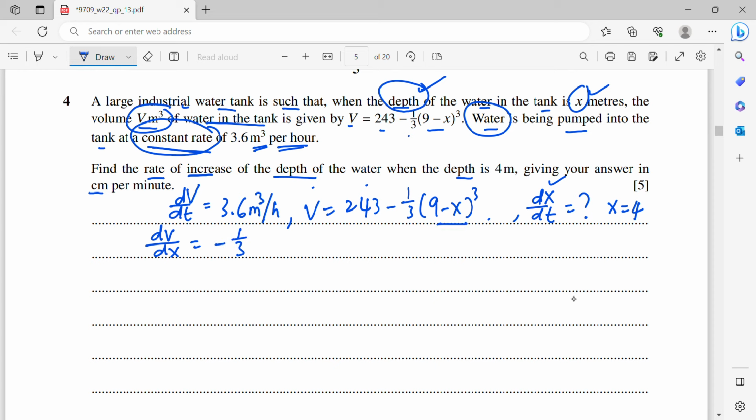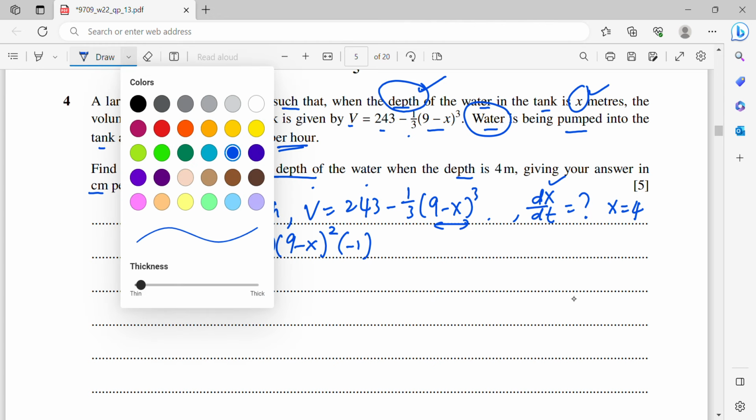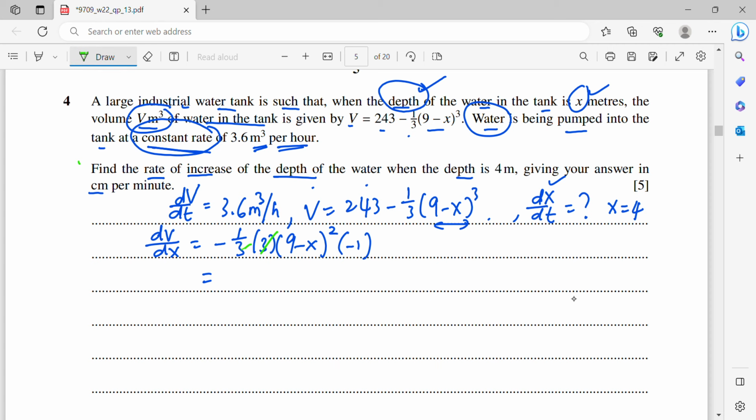When you differentiate the cube of 9 minus x, you bring down the power 3, rewrite the function, the degree becomes 2 because 3 minus 1 is 2. Then differentiate the bracket 9 minus x, you get minus 1. When you simplify, the 1 over 3 and 3 cancel off, together with the minus. Then you are getting (9 minus x) squared for your dV/dx.